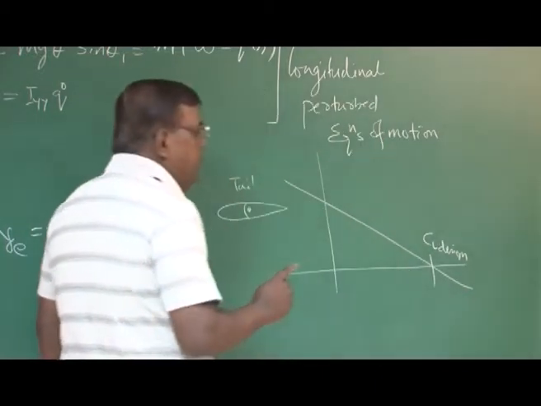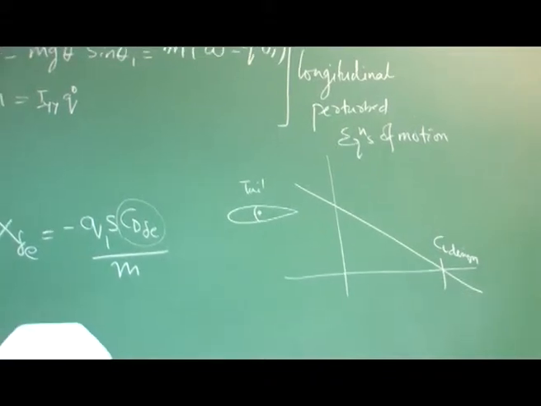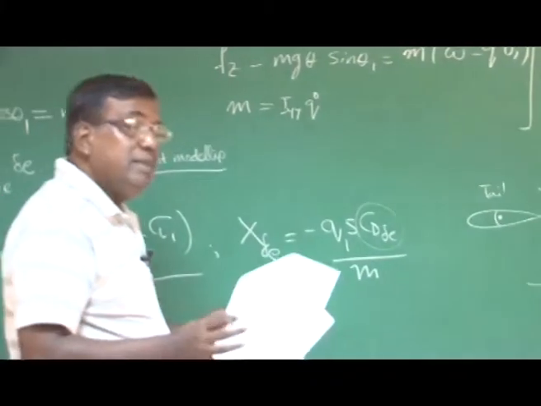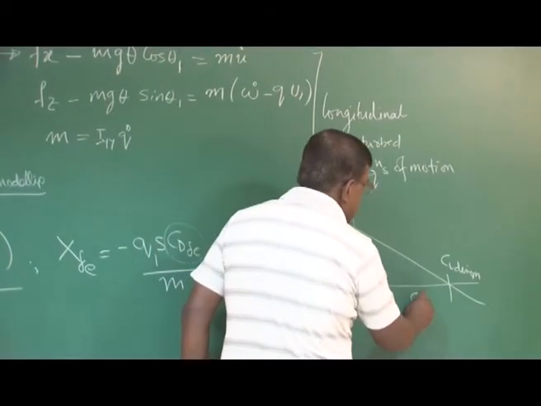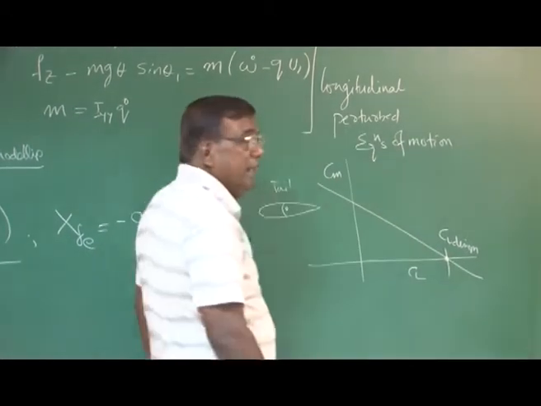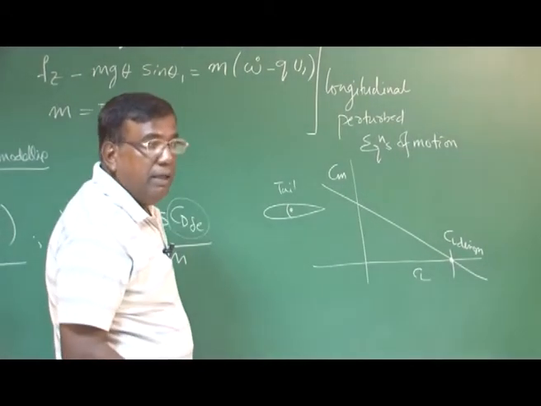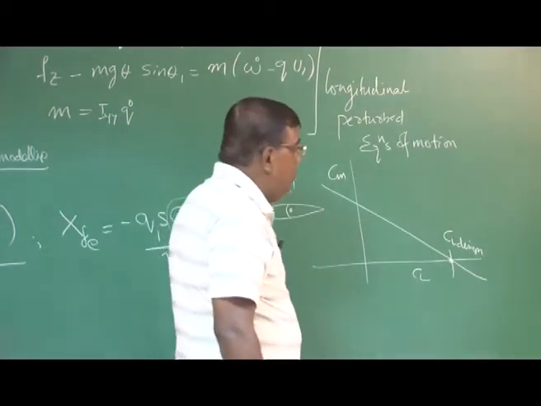I'll always prefer a configuration of wing, their location, tail location, the tail moment arm, all in such a way that Cm versus CL should follow a trend such that dCm by dCL is negative, restricted by the amount of static margin you are going to design, that you already know.